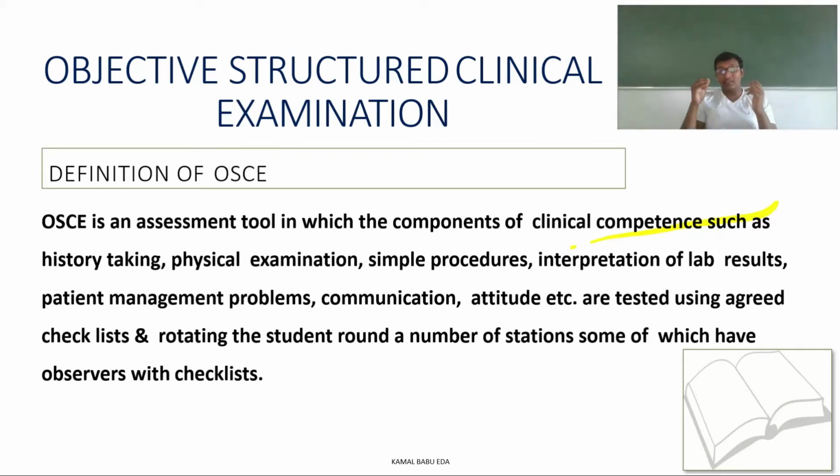All these things are tested using a graded checklist and rotating the student around a number of stations, some of which have observers with checklists. They will keep a set of stations.